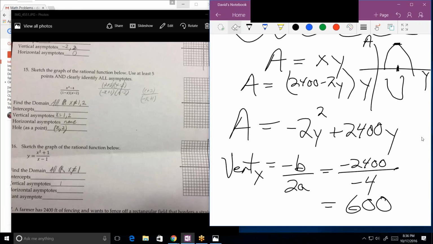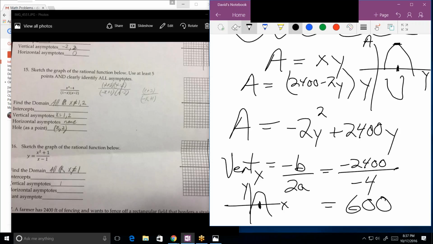Yes. In other words, typically you have an xy grid when you're looking at parabolas, where the horizontal axis is x and the vertical axis is y. So when I talk about the vertex, the x-coordinate, I'm talking about a picture like this, and I'm looking for that point right there.